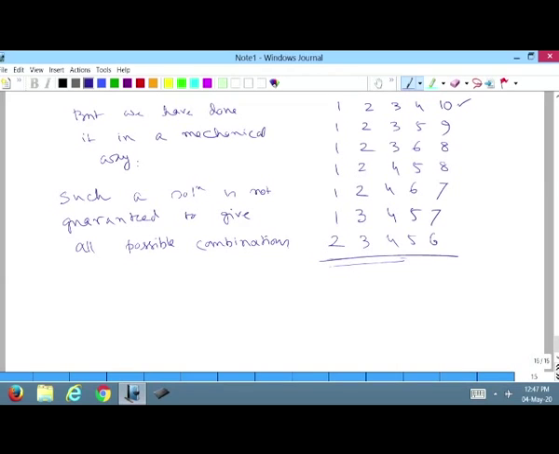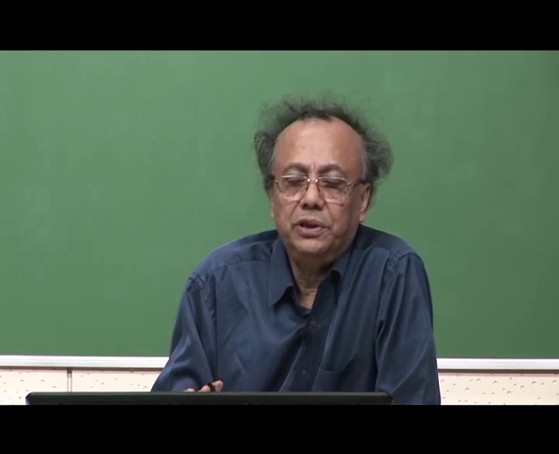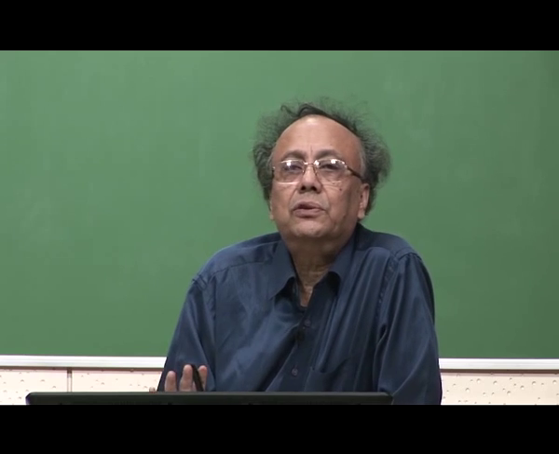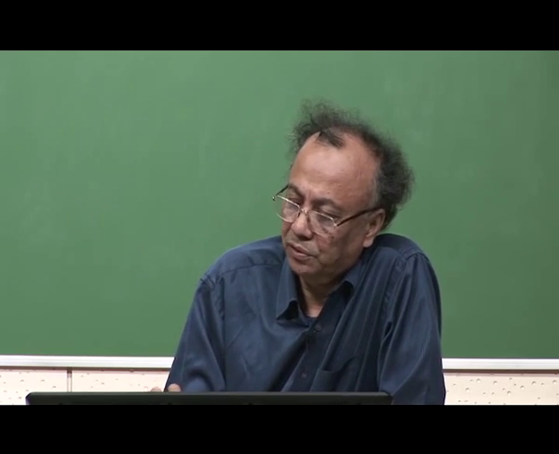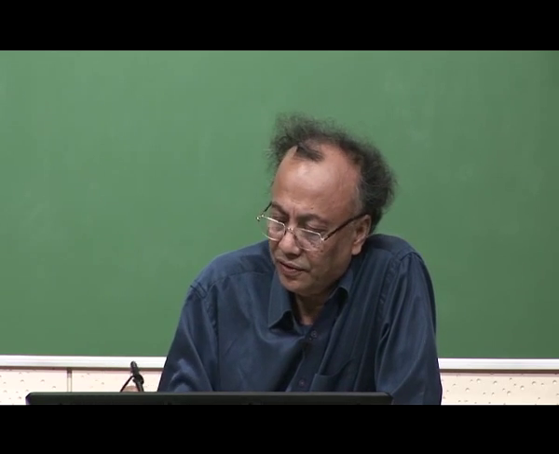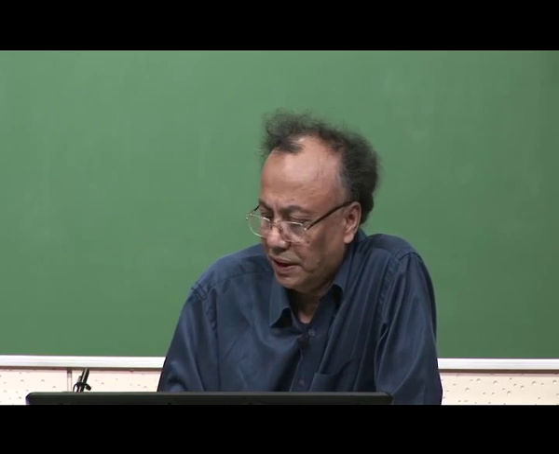Therefore, I want to give you a mathematical way of obtaining the number of solutions. I am not going to give you the total exact solutions, but the total number of solutions, which in this case is 7. How to do that?